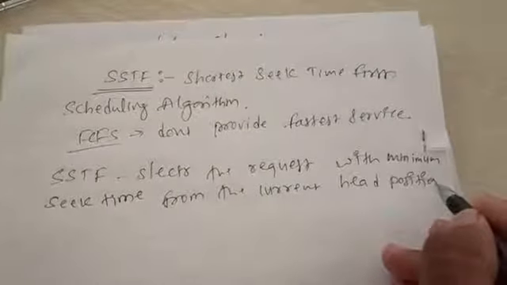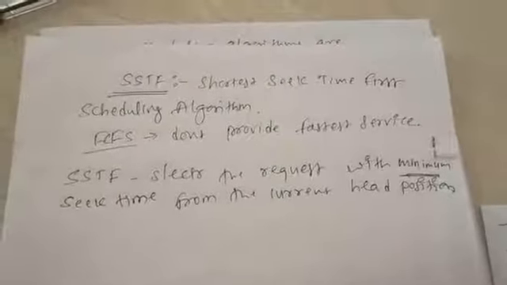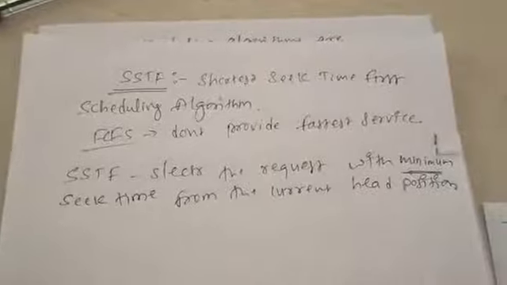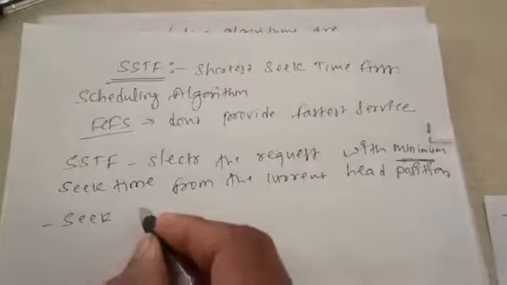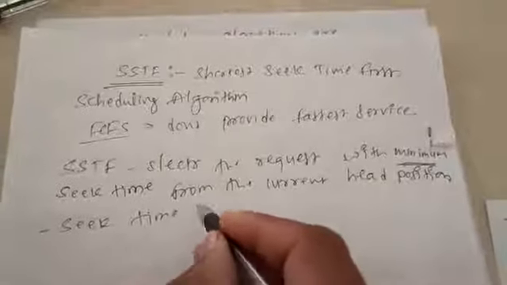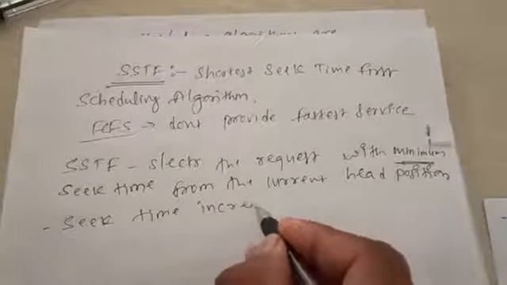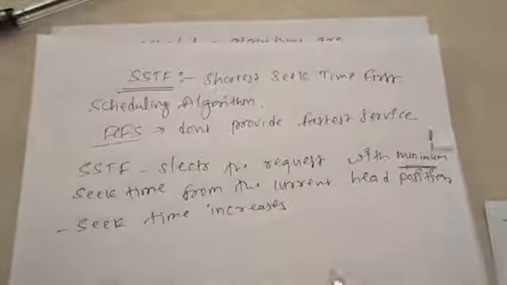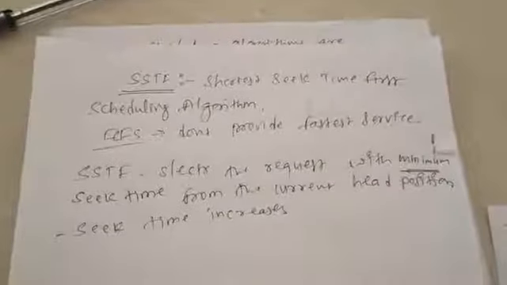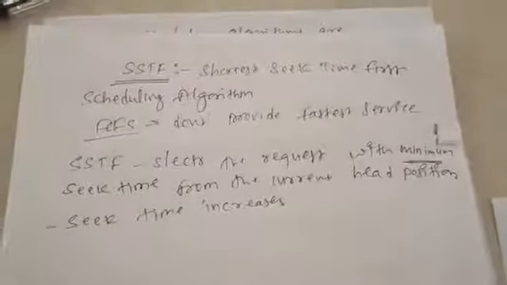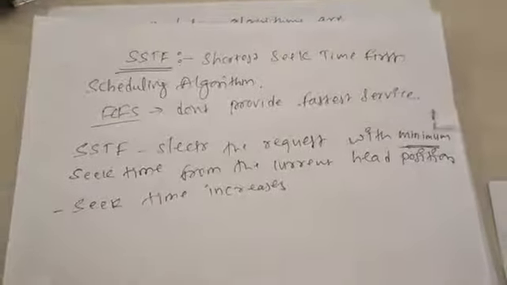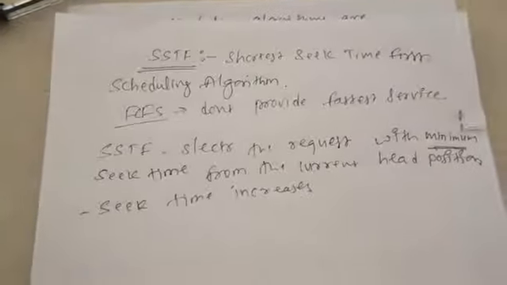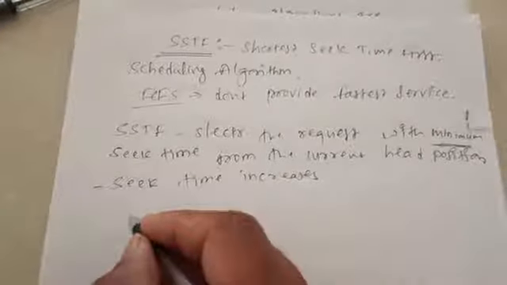So simply, minimum means the closest to the current read write head position. Automatically, the seek time is reduced by the SSTF algorithm by servicing the requests that are closest to the read write head here.